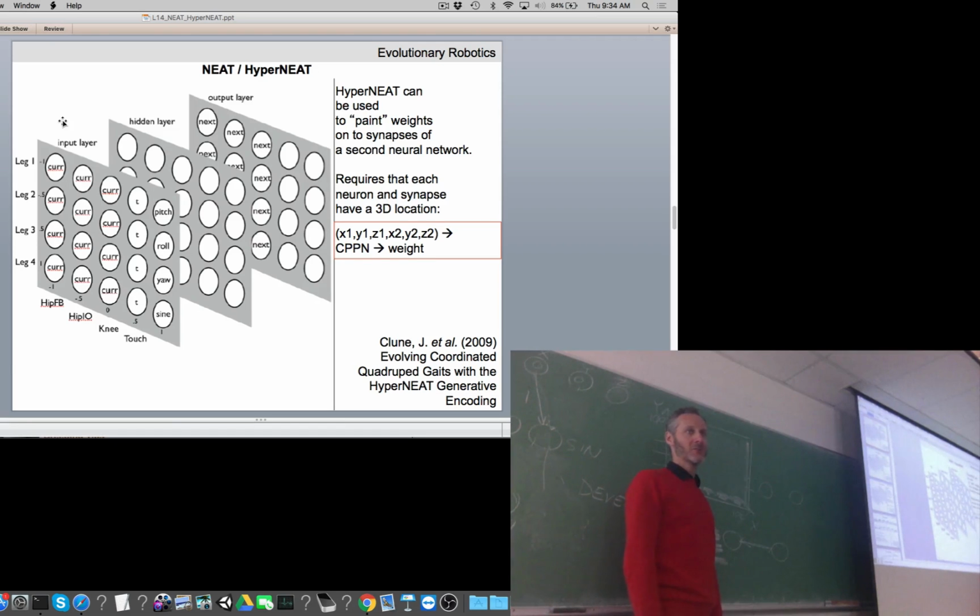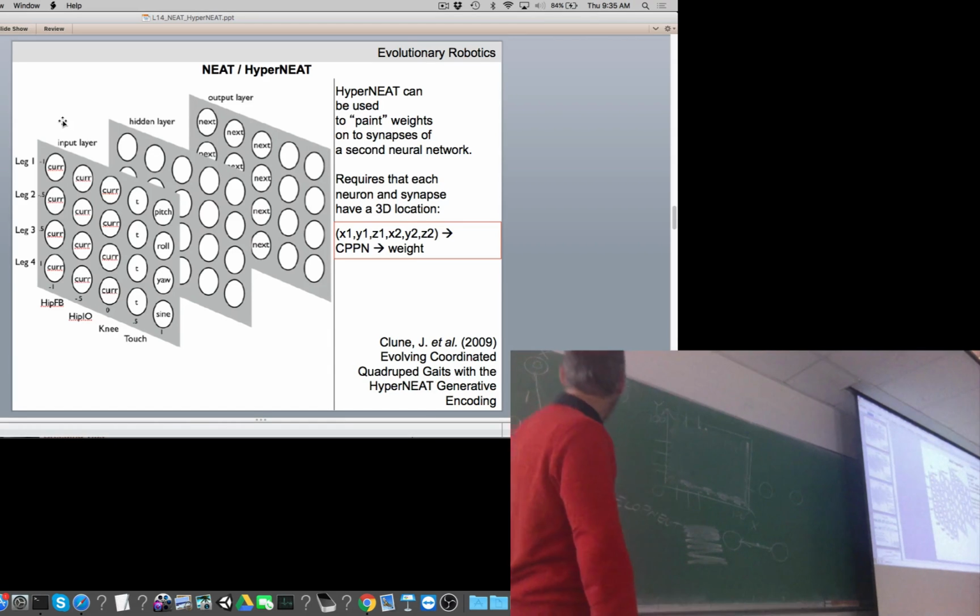What are those weights going to be, regardless of what the CPPN is? Or tell me about these 2 synaptic weights. They're going to have to be identical, right? The midpoint of these 2 synapses is exactly the same. So from the CPPN's point of view, it's going to output exactly the same value.